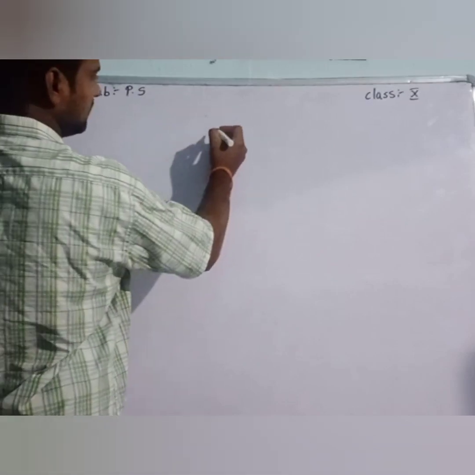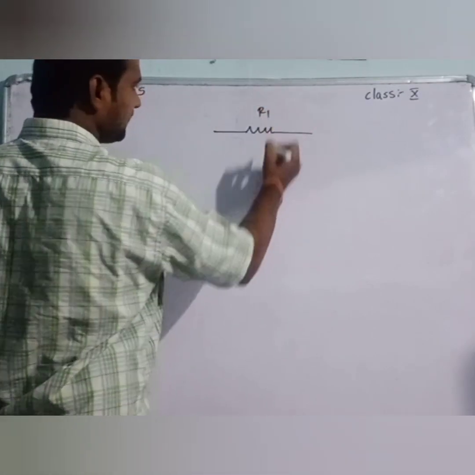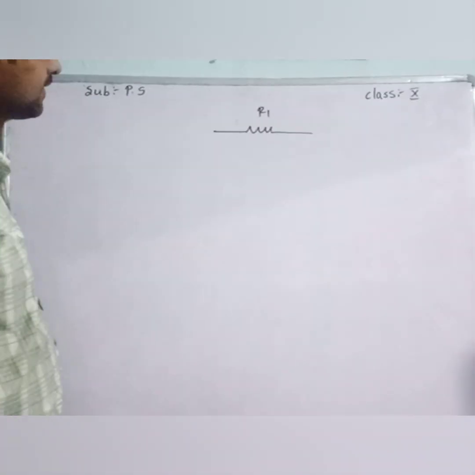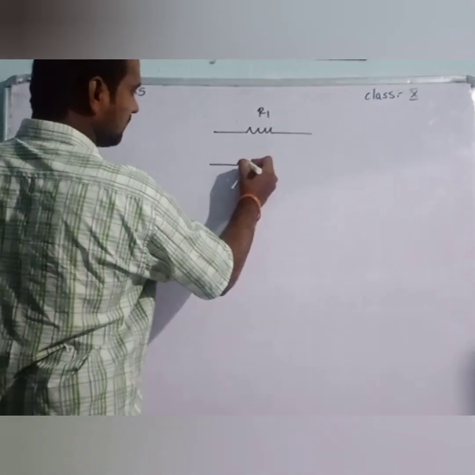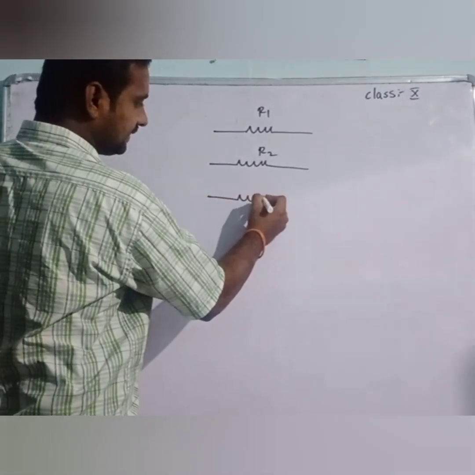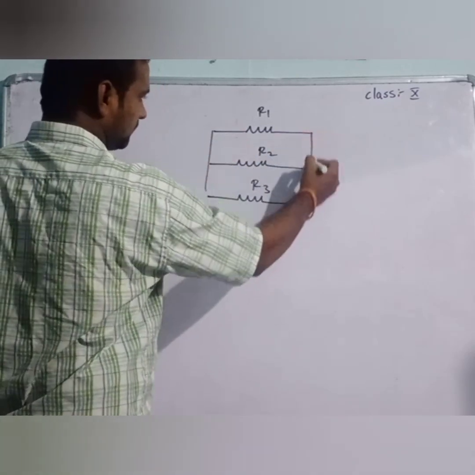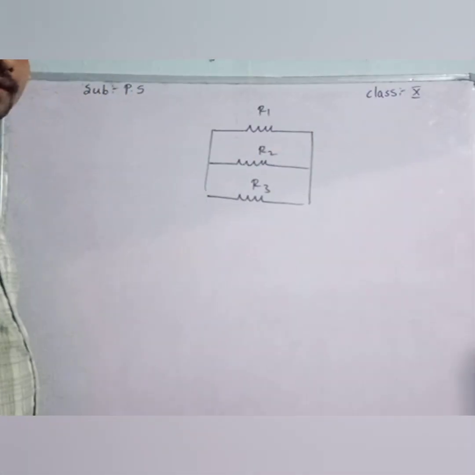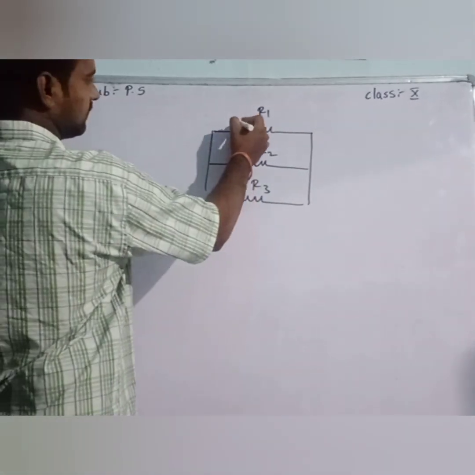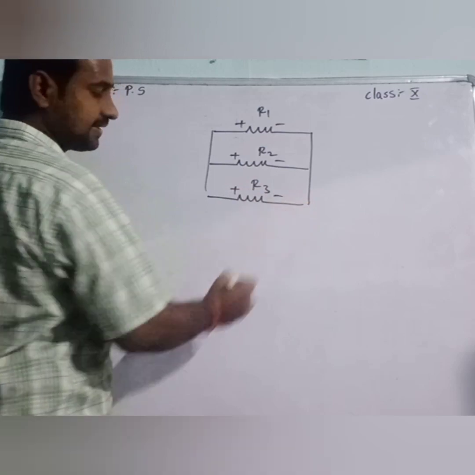Now take three resistors: R1, the first resistor, and the second resistor R2, and the third resistor R3. So parallel combination means plus minus, plus minus, plus minus.